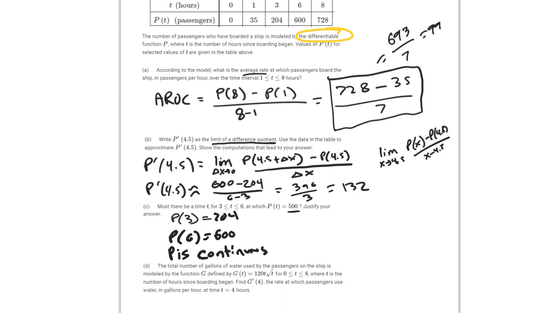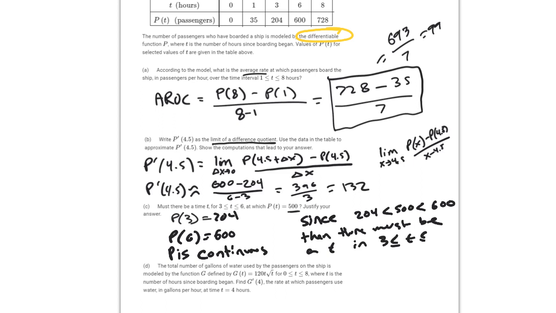And so you can't just say yes. We have to justify it. We have to communicate that we know what we're talking about here. So since 204 is less than 500 is less than 600, then there must be a t with 3 less than t less than 6 where p of t equals 500 by intermediate value theorem.